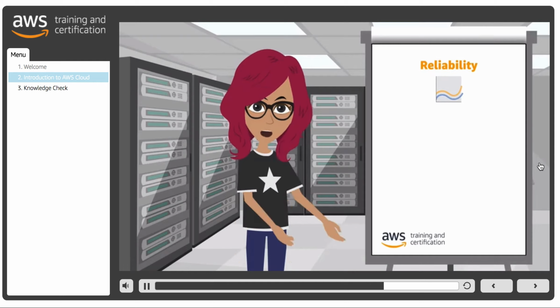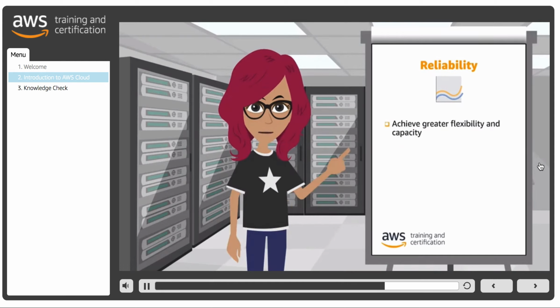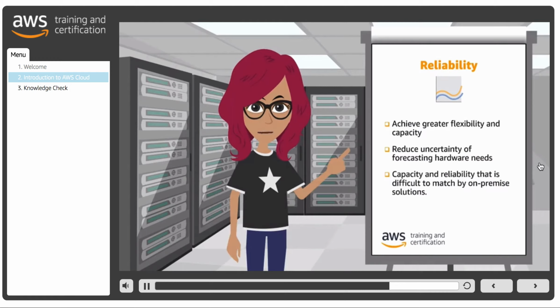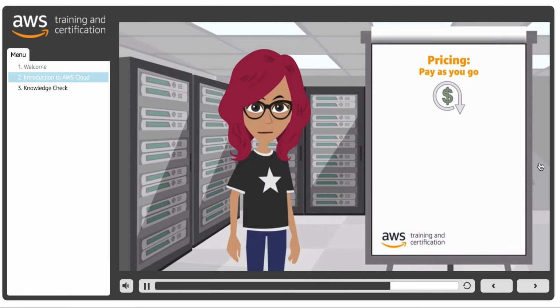By using AWS, organizations can achieve greater flexibility and capacity, reducing the uncertainty of forecasting hardware needs. Additionally, the scale of AWS gives customers capacity and reliability that is difficult to match by on-premises solutions. Unless you're in the business of building data centers, you have likely spent too much time and money doing just that.